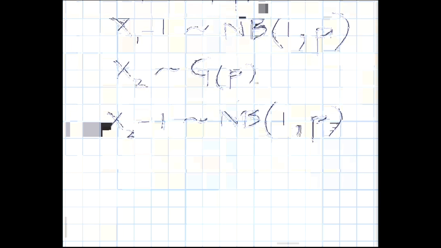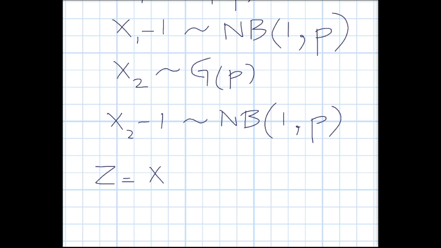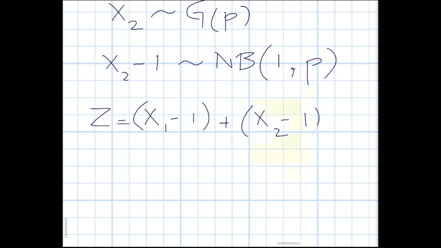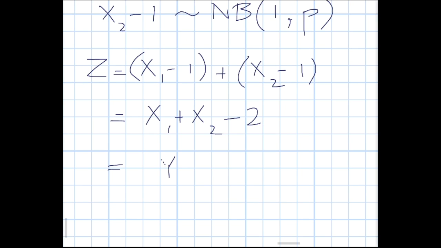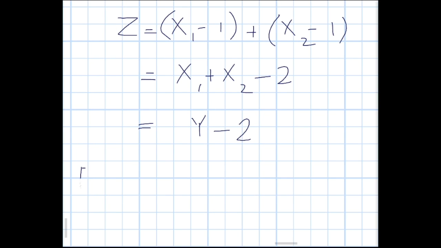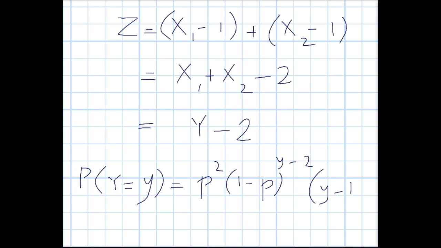Now let us define z equal to x1 minus 1 plus x2 minus 1, which is equal to x1 plus x2 minus 2, which is equal to y minus 2. Okay, so now we come back to our PMF of y, which was p squared (1 minus p) to the y minus 2 times y minus 1.